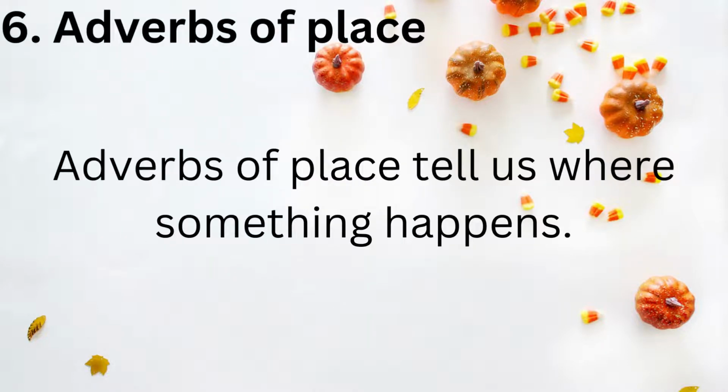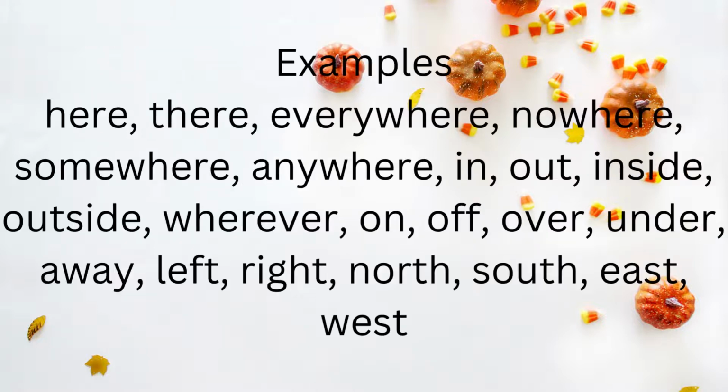Now the sixth one is the adverb of place. As the name suggests, adverbs of place tell us where something happens. For example, here, there, everywhere, nowhere, somewhere, anywhere, in, out, inside, outside, wherever, on, off, over, under, away, left, and whatever. There are so many examples of adverbs of place. All the places are included in this type.